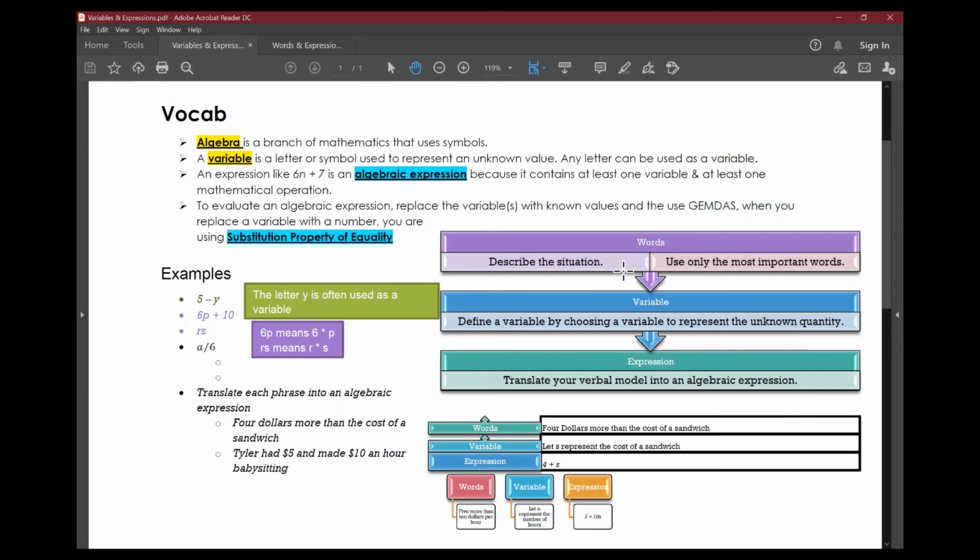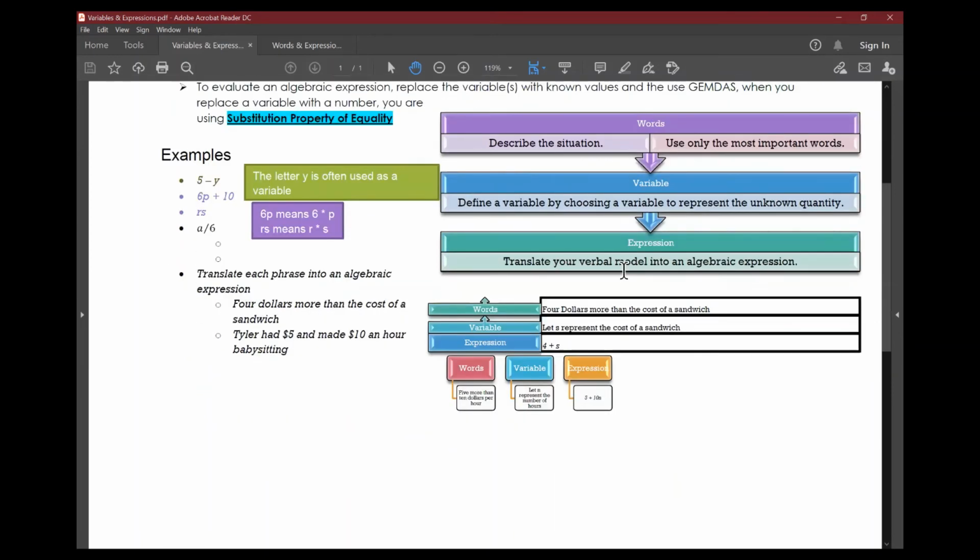All right, the first example is $4 more than the cost of a sandwich. You're going to break this down. The words, which I'm coloring here, are $4 more than the cost of a sandwich.